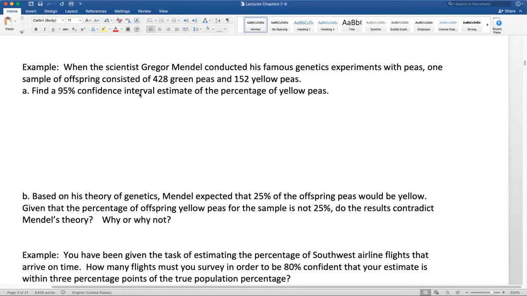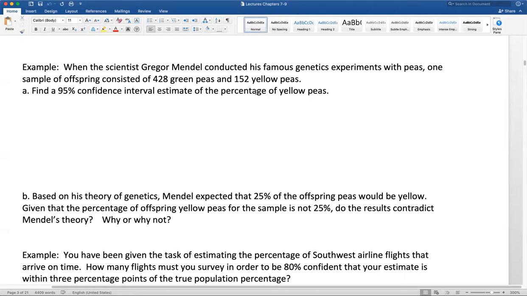So now here, we need to figure out the confidence level, right? 95%. So alpha must be 5%, which is 0.05. And then the critical value, z sub alpha over 2, is going to be 1.96, right? And then what's the p hat, the sample proportion? Look at the problem: estimate the percentage of yellow peas.